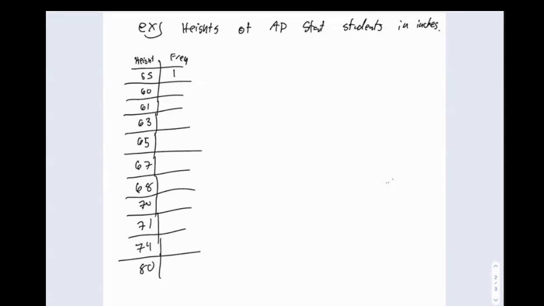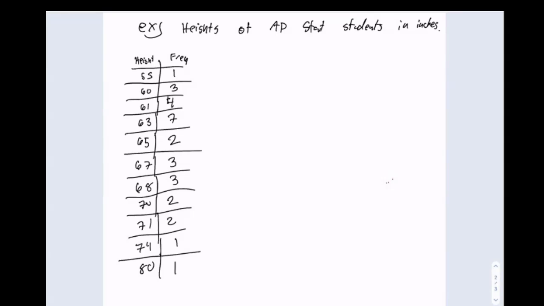The frequencies are going to be 1, 3, 4, 7, 2, 3, 3, 2, 2, 1, and 1.